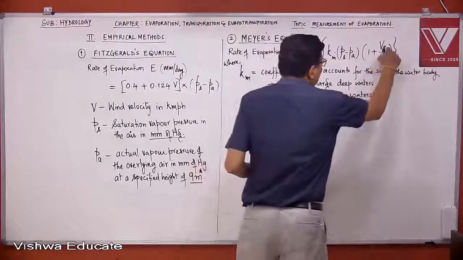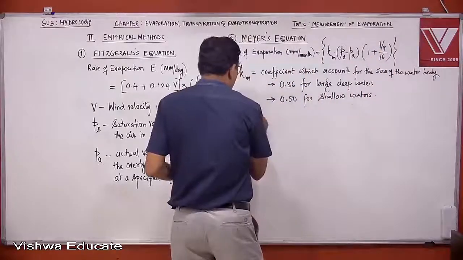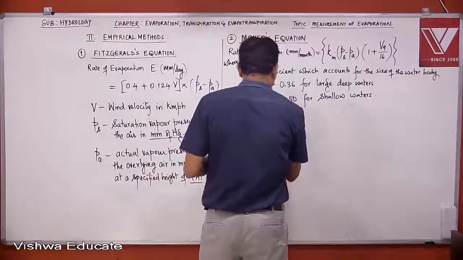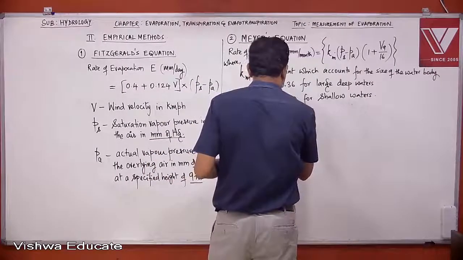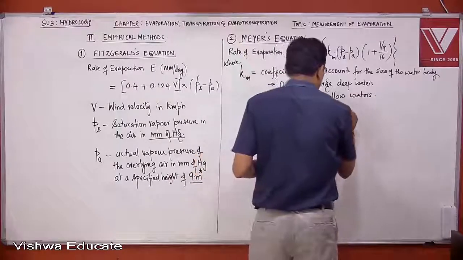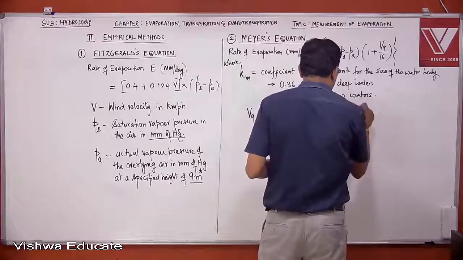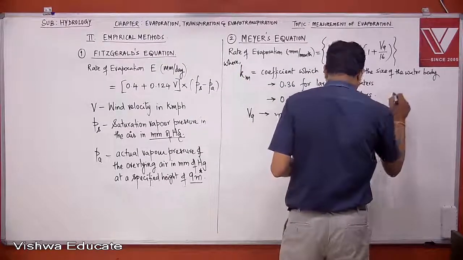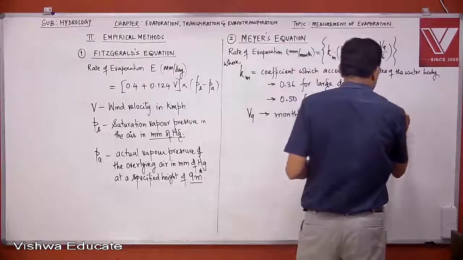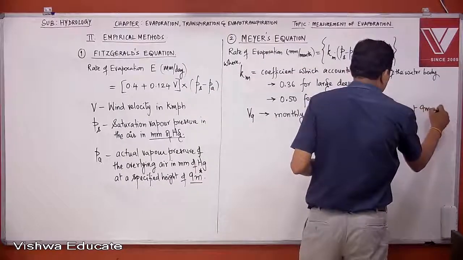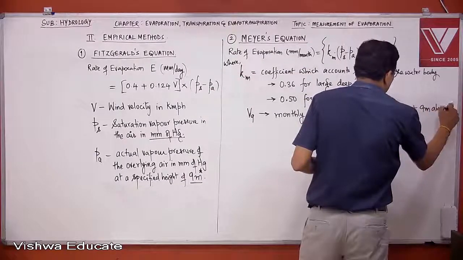This V9 denotes monthly mean velocity. Monthly mean velocity in kilometers per hour at about 9 meters above ground level.